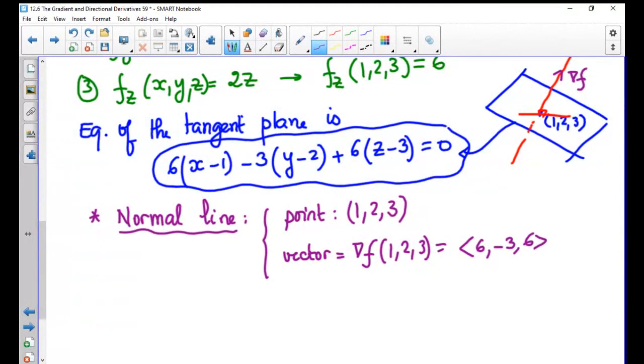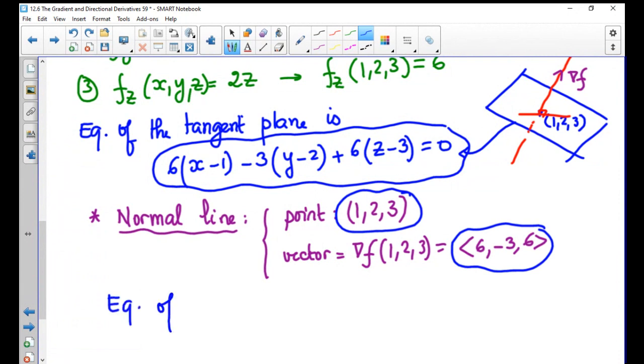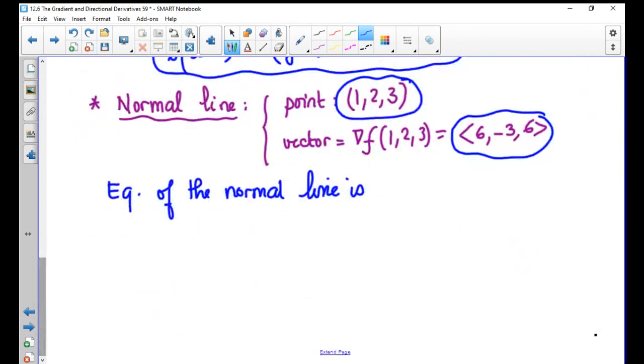Now, using these two things, we can write the equation of the line, no problem at all. We have the vector and we have the point. So the equation of the normal line is, remember, parametric equations. x minus 1 equals 6t.